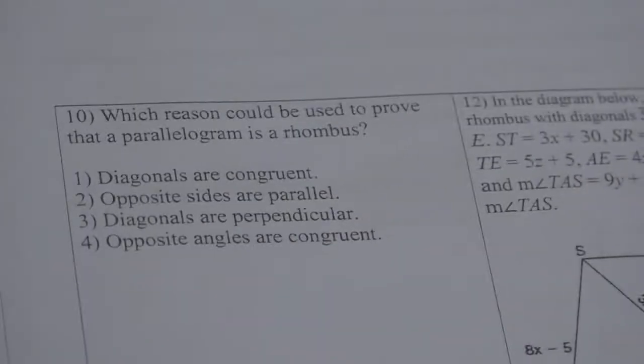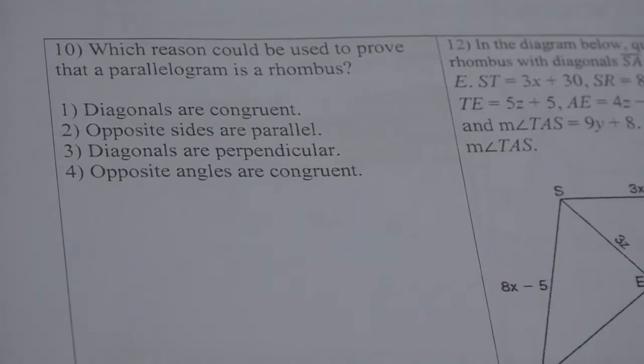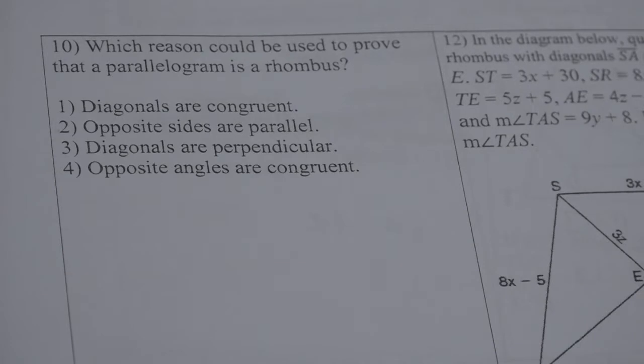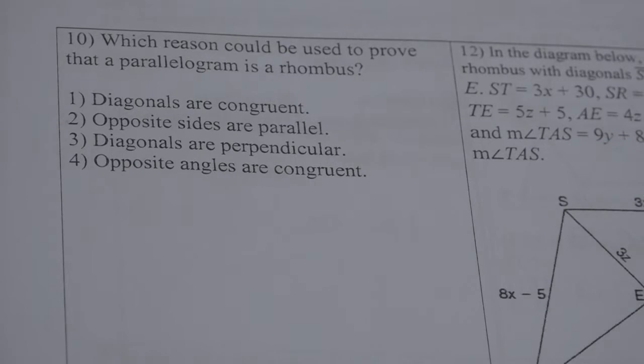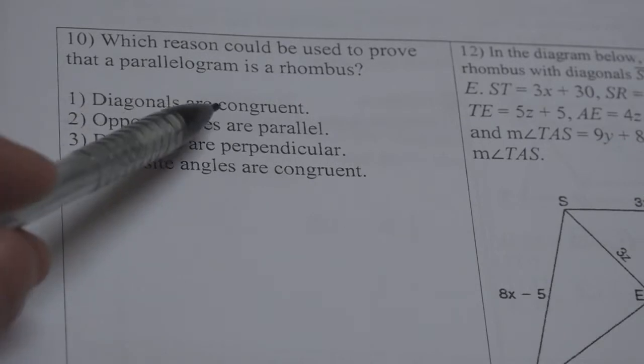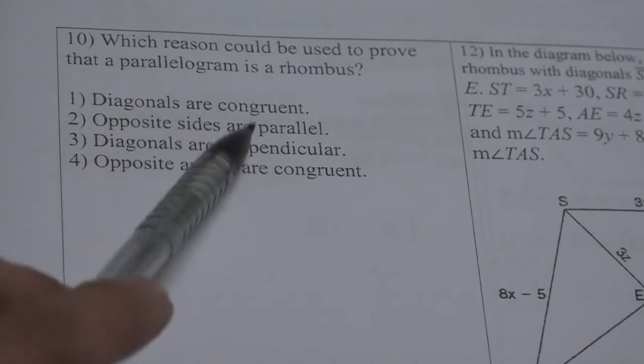All right. Let's take a look at this problem right here. It says, which reason could be used to prove that a parallelogram is a rhombus? Okay. So diagonals are congruent. Well, if you look at the square, the diagonals are also congruent.